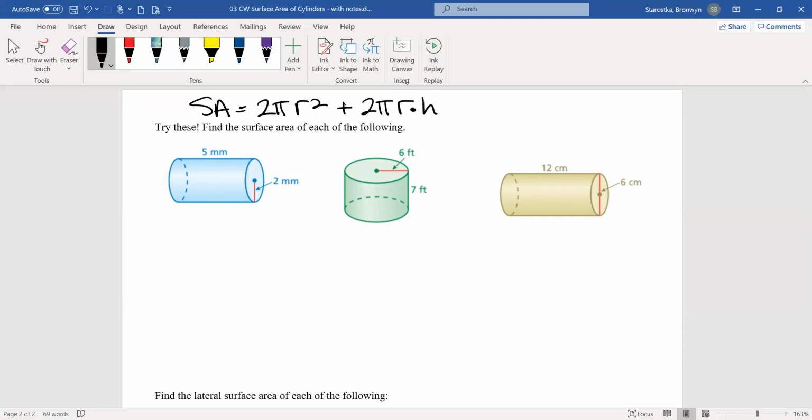First one, surface area. So plugging in, surface area equals 2 pi, radius is 2, so 2 squared is 4, plus 2 pi 4 times 5. Surface area, 8 pi plus 40 pi.